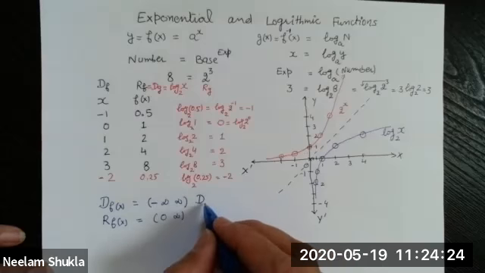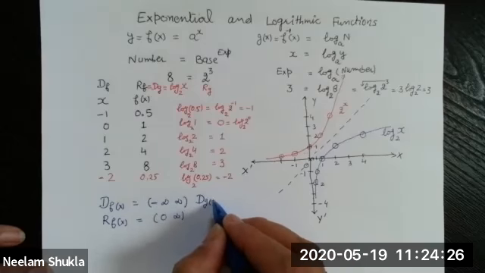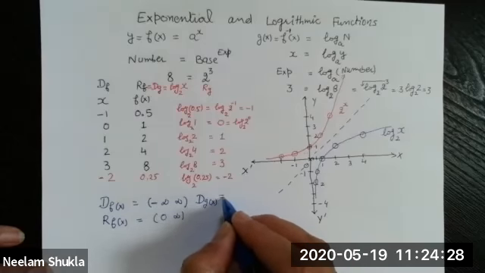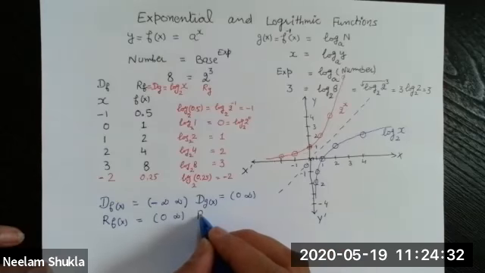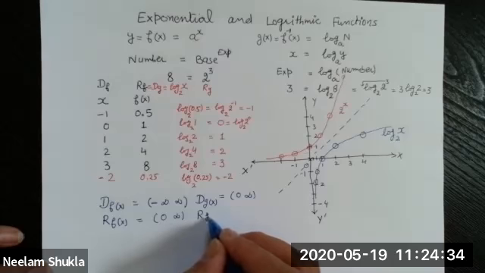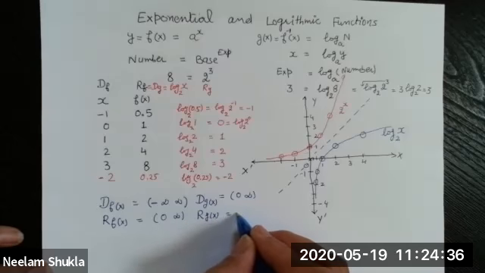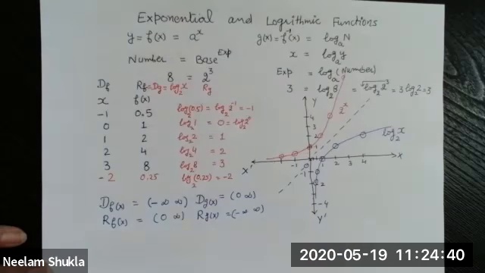Domain of g(x) here, which is inverse of f(x), is 0 to infinity. And the range of g(x) is -infinity to infinity, which is another evidence of the inverse functions, that their domain and range get exchanged.